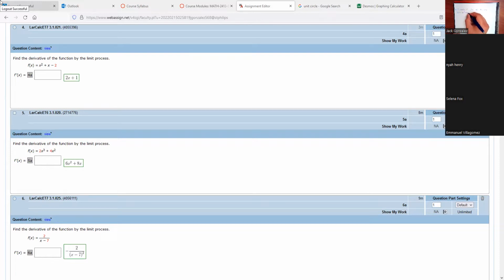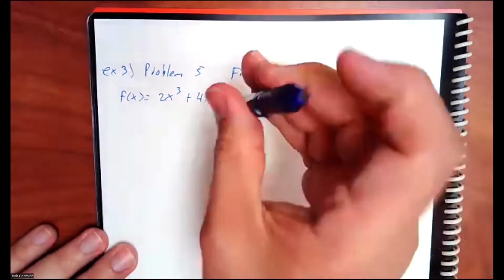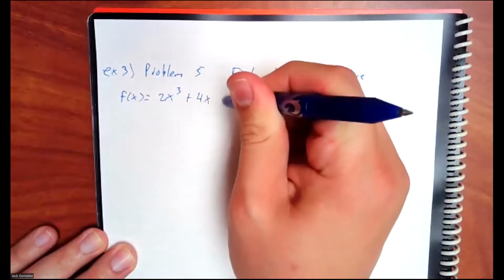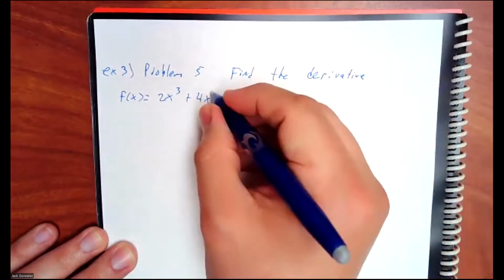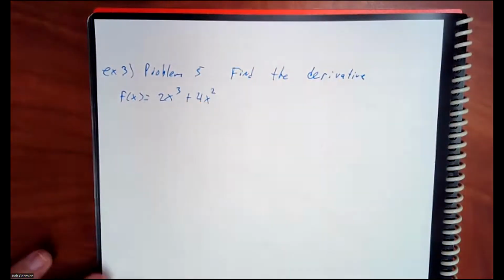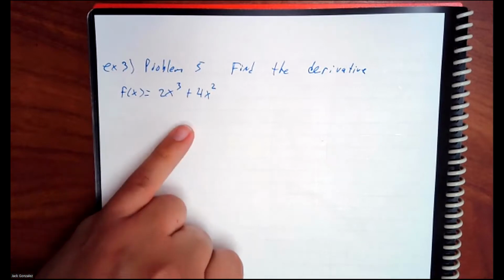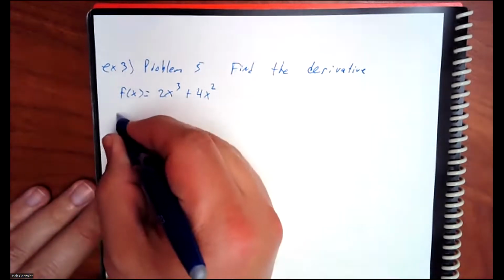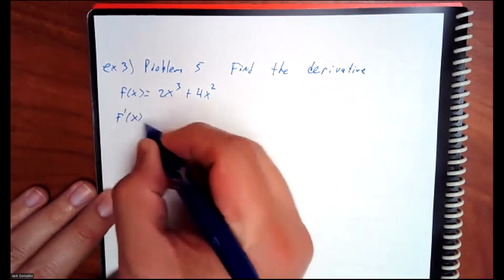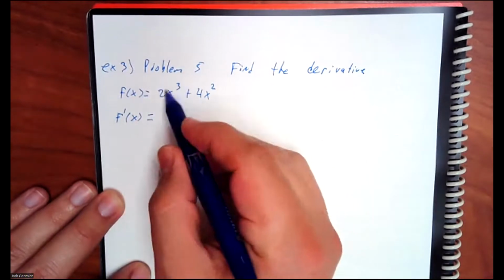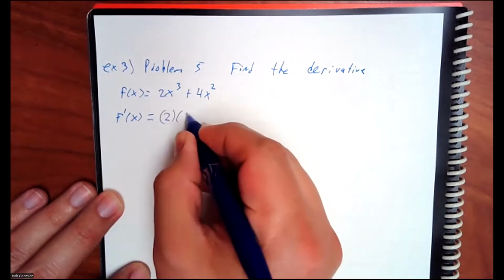Plus 4x squared. Okay. So use the power rule and just keep in mind we got those numbers in front. So the derivative will be, do it term by term. First term, bring down the 3, right?